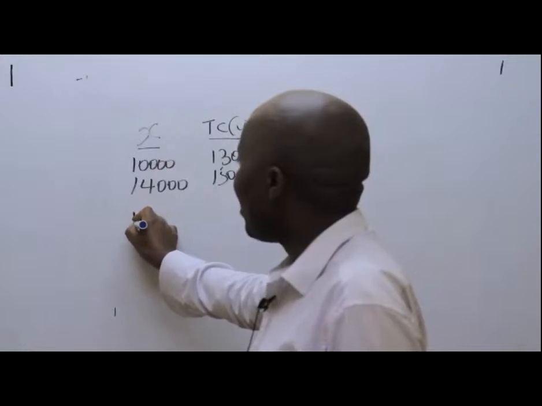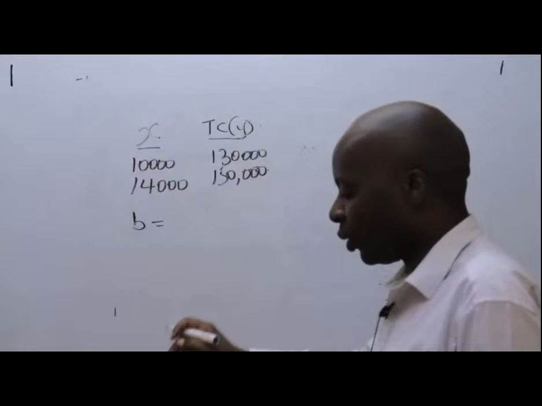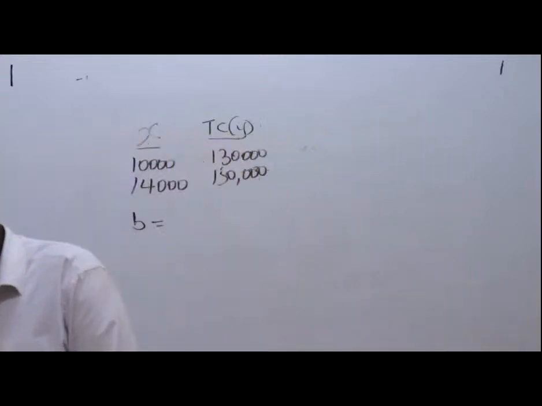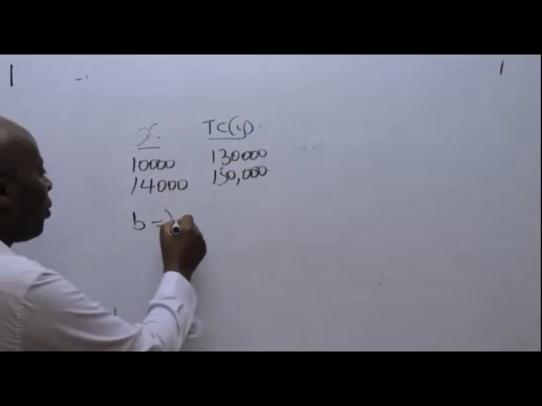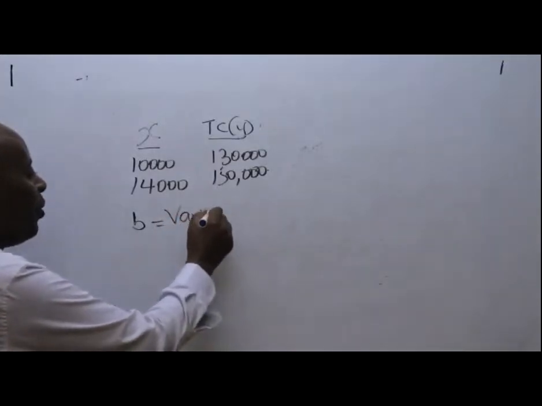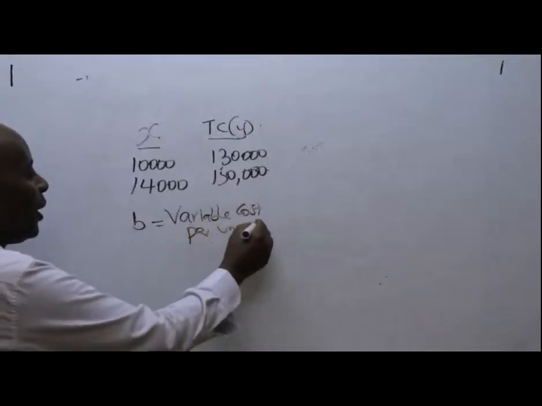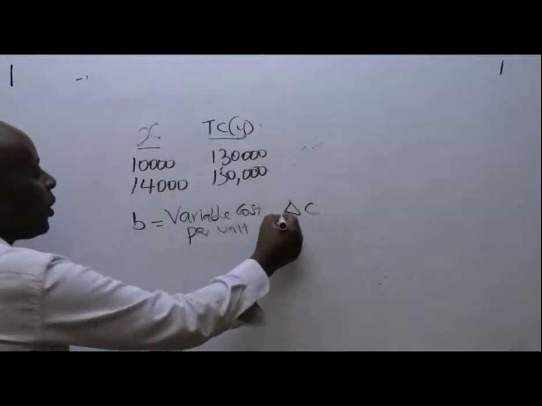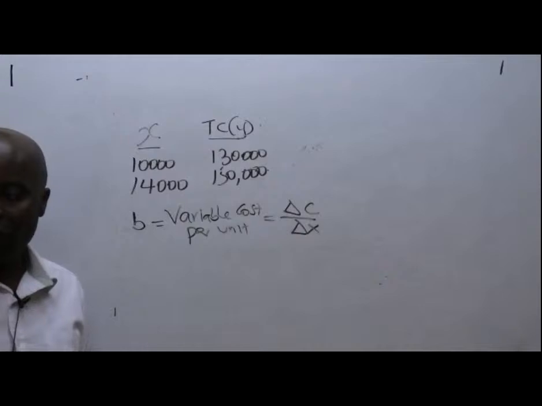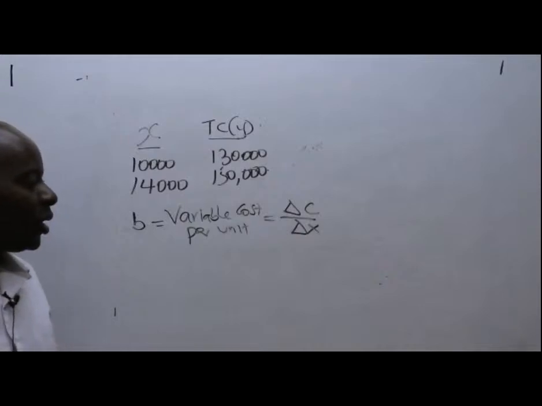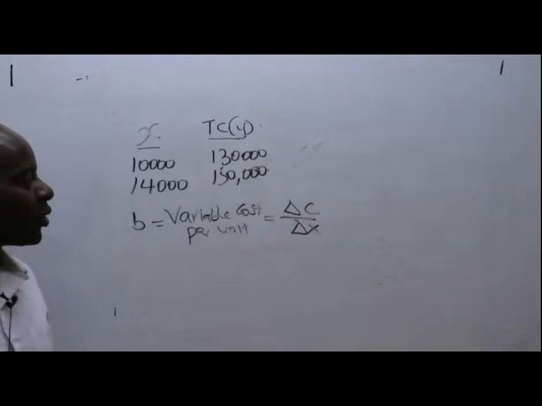Gradient, which is my B, will be automatically my variable cost per unit, which will be equal to change in cost all over change in x.